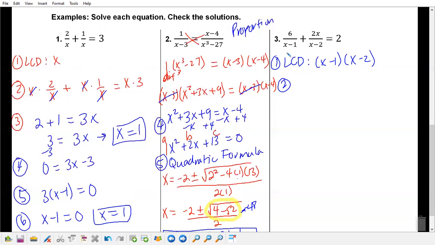Because I don't have enough room, I'm going to do it in parts. I don't think I'm going to be able to fit. Well, I'll try. I think I squeezed it last time. So here I go. So I have 6 times x minus 1 times x minus 2 over x minus 1 plus 2x times x minus 1 times x minus 2 over x minus 2 equals 2 times x minus 1 times x minus 2.